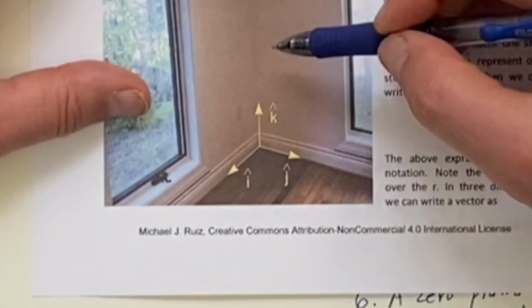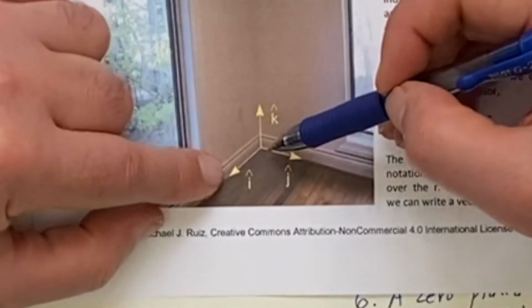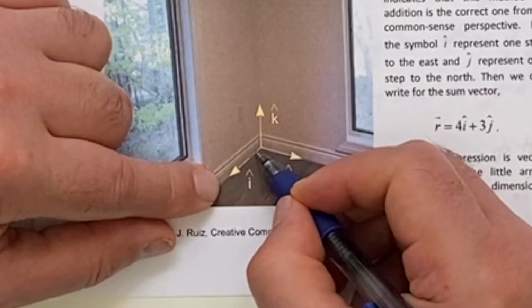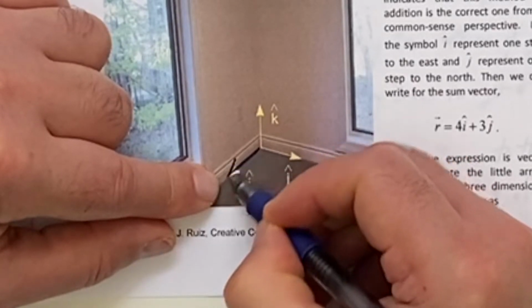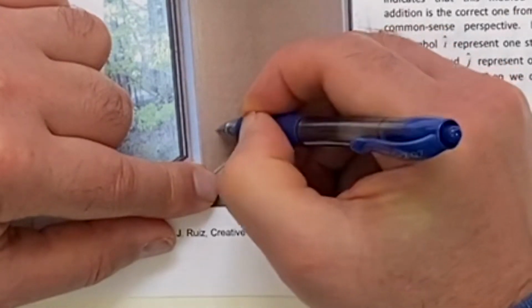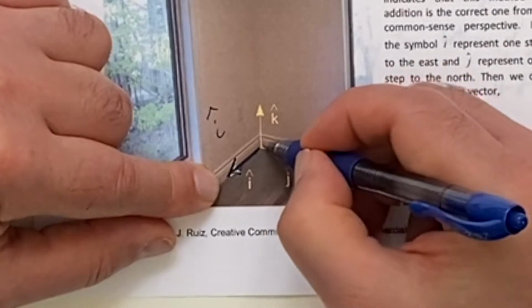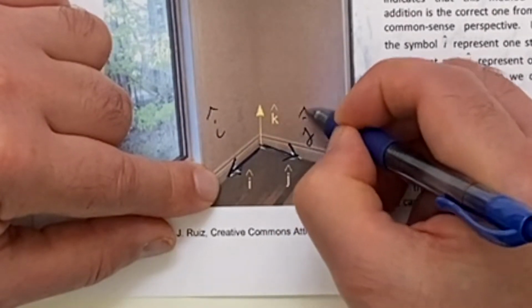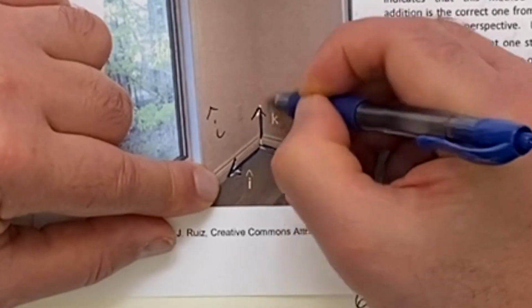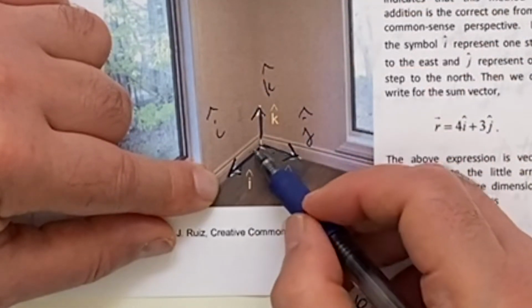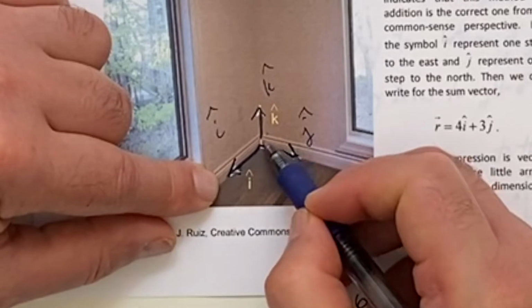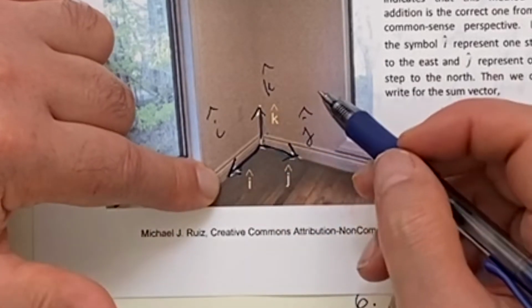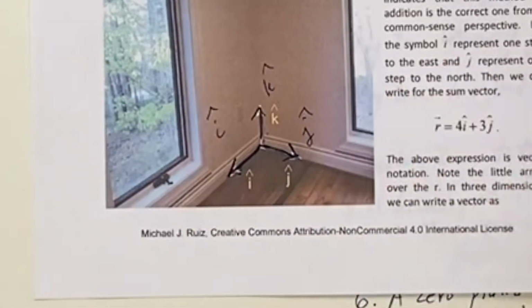Here's my room, master bedroom, where you're looking at here a little I vector, and this one here going this way is a J vector, and this one going up is a K vector, corresponding to X, Y, and Z, the 3 dimensions of a room.